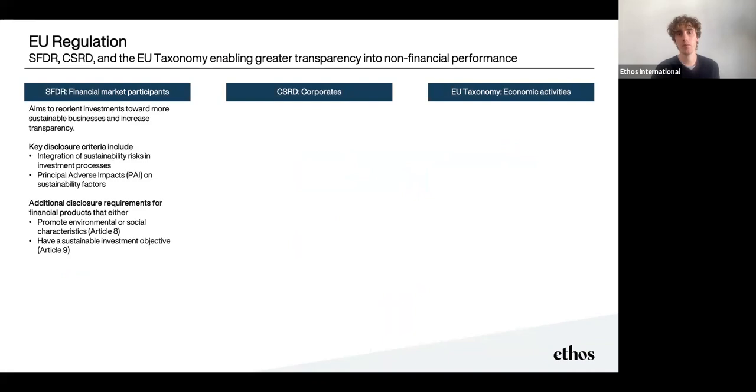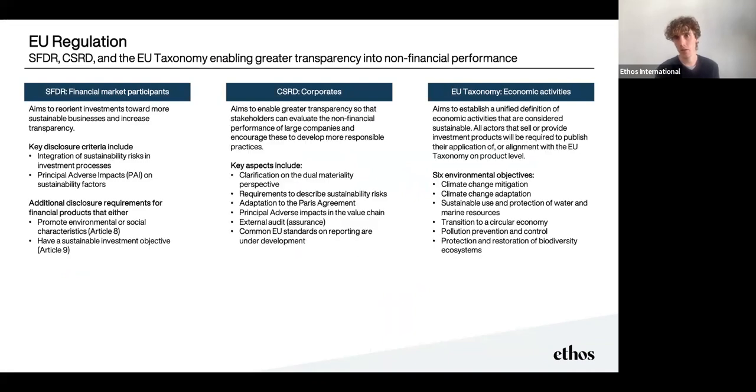So the three main regulations that are important to consider with regards to the EU Action Plan on Sustainable Finance are, of course, the SFDR, CSRD, and the EU Taxonomy. The CSRD is the new updated NFRD, Non-Financial Reporting Directive, so sustainability reporting regulation.